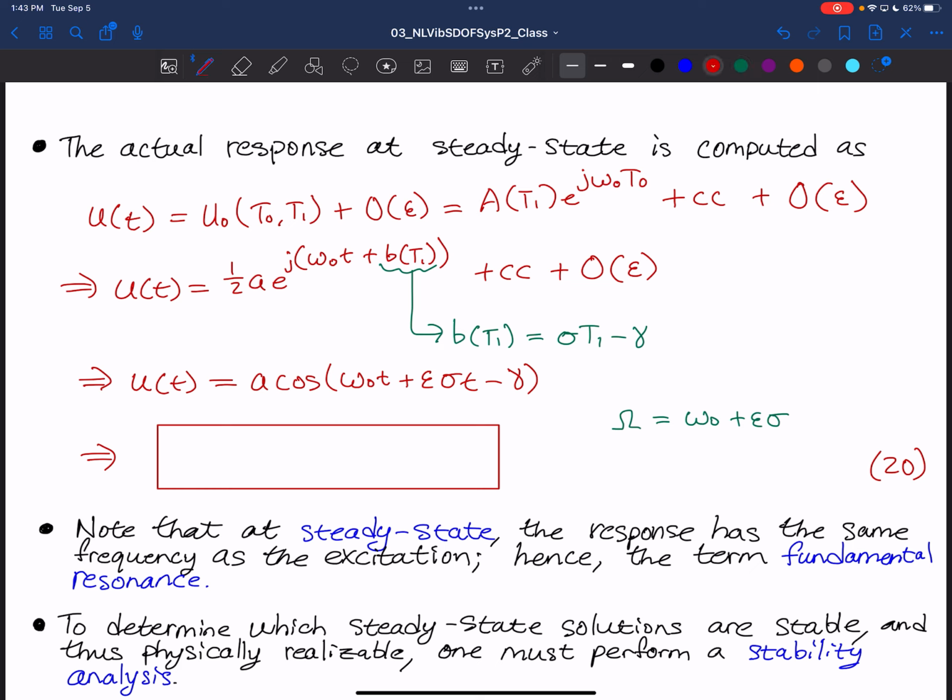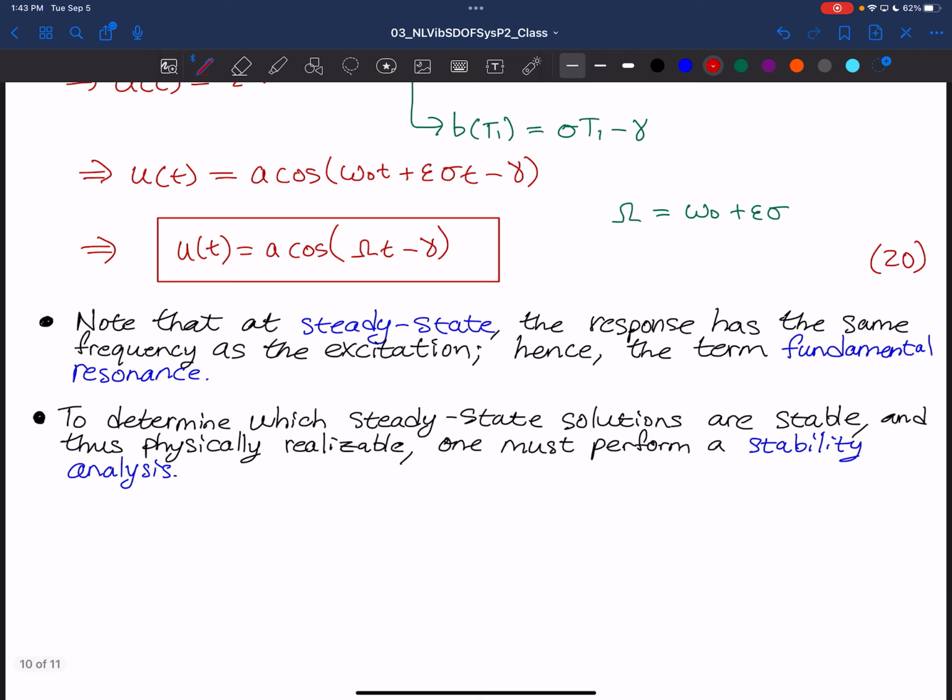And so therefore we can find that u(t) is equal to A times the cosine of capital omega t, minus the phase gamma. And this is why we wanted to plot that phase gamma. So now you have the plot for A and you have the plot for gamma. If you know what capital omega is, you're going to know what sigma is, and you can therefore solve for it.